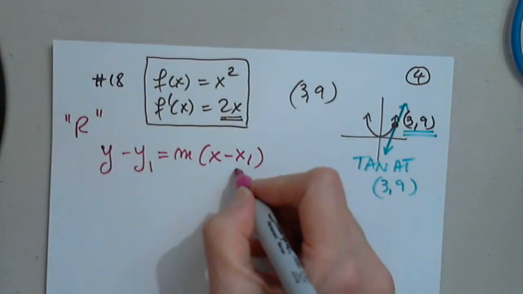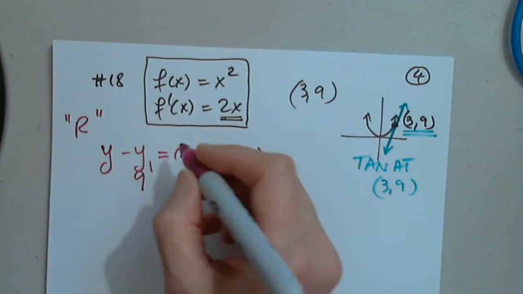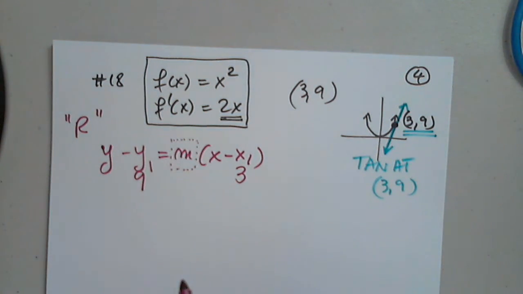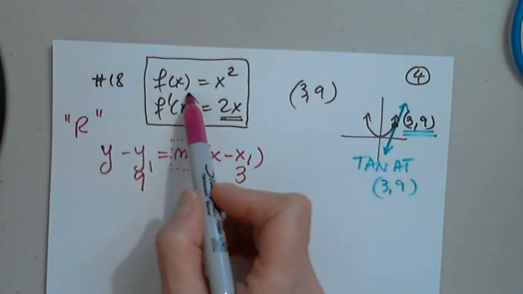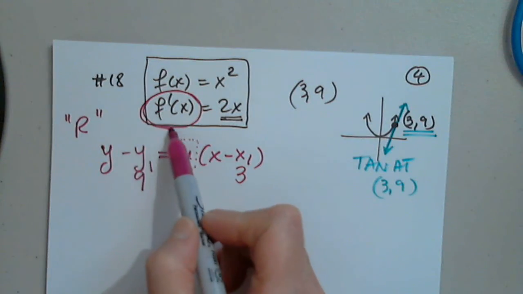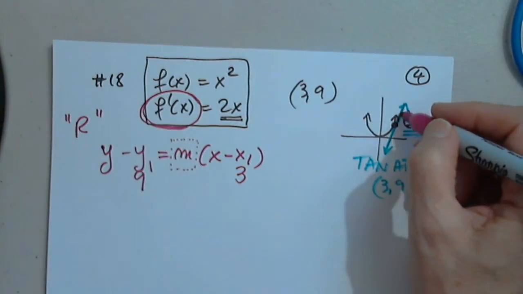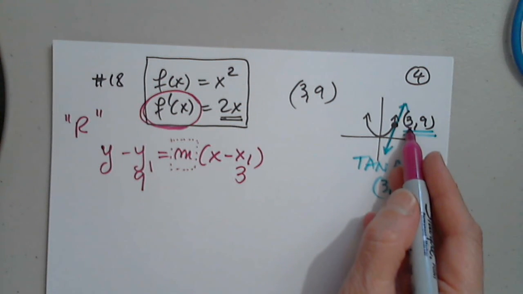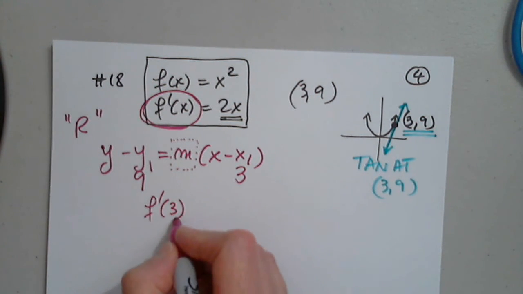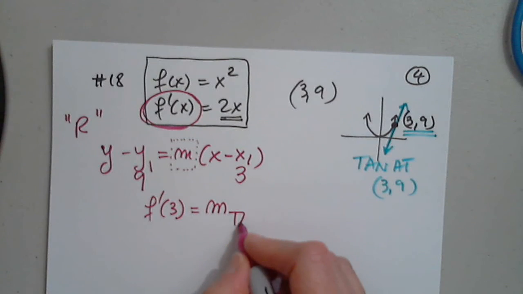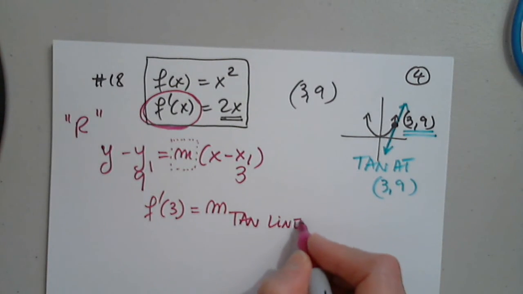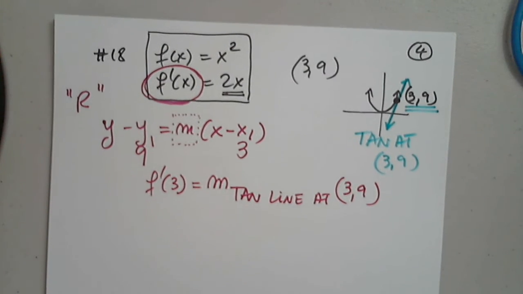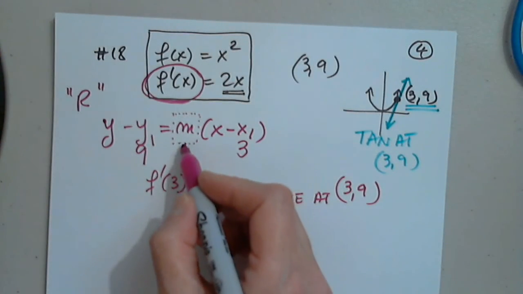So I have the point, which is 3, 9, and I don't have the slope. But the slope is given by this function. This function will give us the slope of this tangent at 3. So f prime of 3 is the slope of the tangent line at 3, 9. Can anyone give us the slope then?